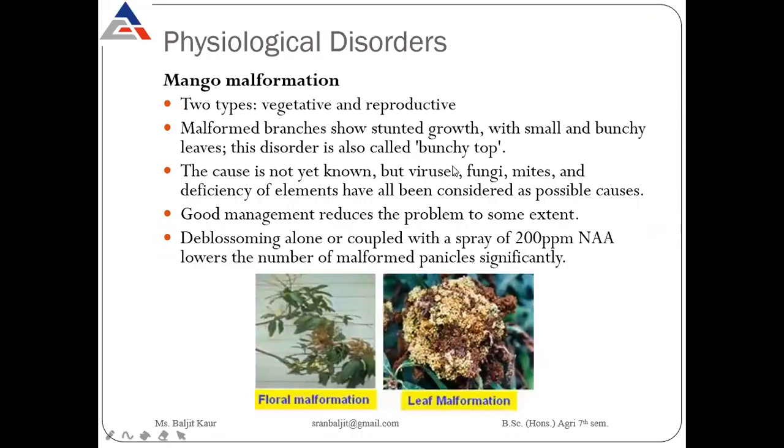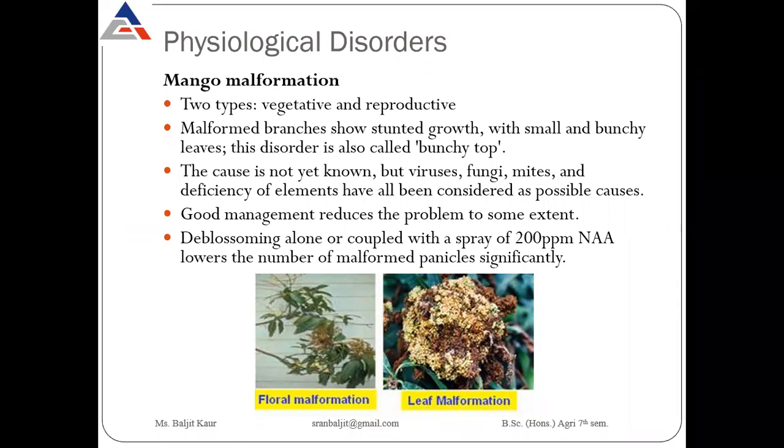Next, these are some of the physiological disorders in mango. Mango malformation is one of the major disorders found in mango, and it is of two types: vegetative malformation as well as reproductive.